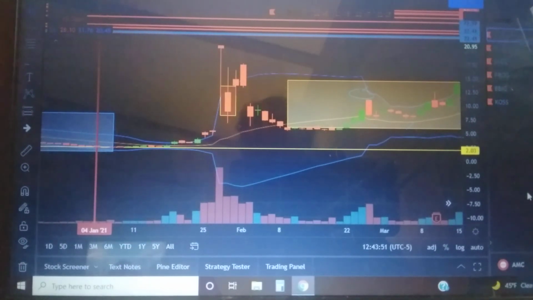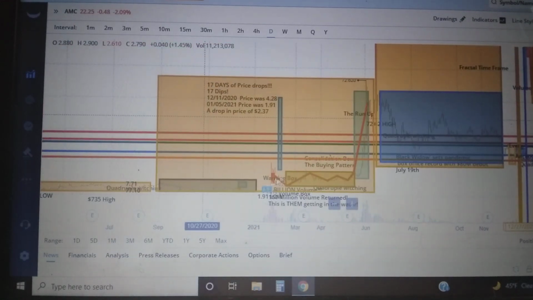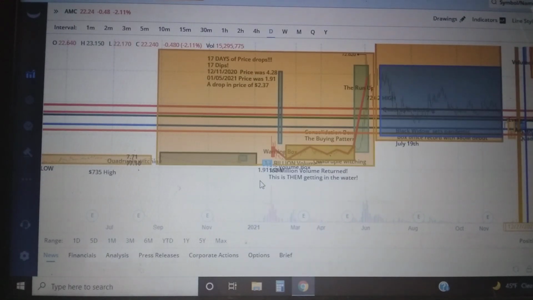And I'm going to show you how this is still the same pattern. We're still running on the same fractal pattern. This is the one that ran up from $19.90 to $72. And all we did was just copy it and copy it, and we got an overlay for predictive price movements.